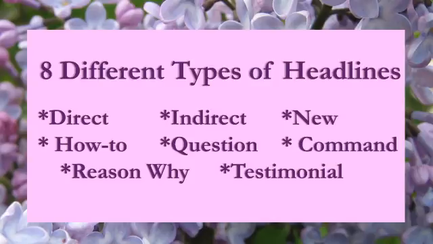So I'm going to say them and then we're going to go over them. 1, direct headlines. 2, indirect headlines. 3, news headlines. 4, how-to headlines. 5, question headlines. 6, command headlines. 7, reason why headlines. And 8, testimonial headlines. So let's go ahead and dissect them one by one.